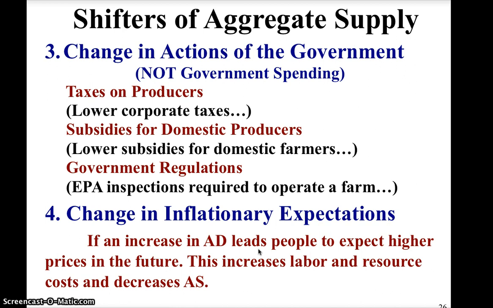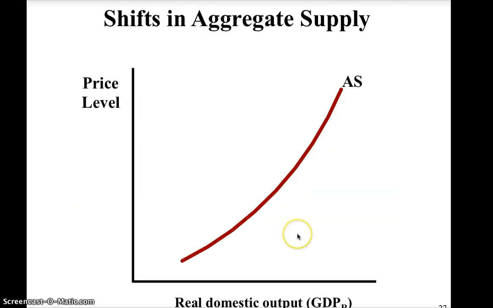This is going to increase labor and resource costs, and that inflationary expectation is going to cause a decrease in aggregate supply. People are going to decrease how much they want to produce. In the same breath, if people expect lower prices, then they will increase production and increase aggregate supply.